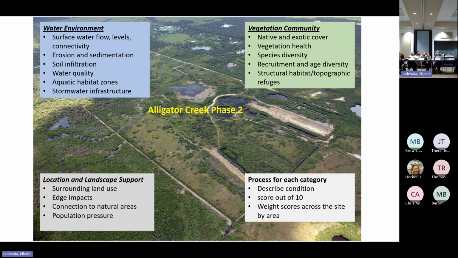We do that initially as a GIS-based mapping exercise. We use a very similar methodology to the landscape intensity index that DEP uses, which is based on a 100-metre buffer around the site.